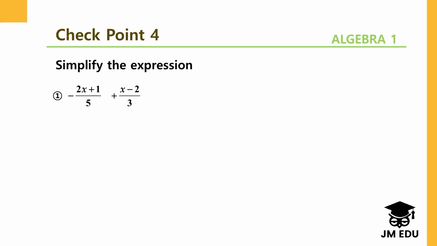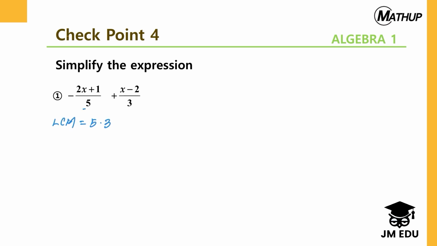To add or subtract expressions in fraction form, first, we're going to find the common denominator of each term. The common denominator should be the least common multiple of each denominator. So let's try number 1. The common denominator for number 1 is equal to 5 times 3, right?